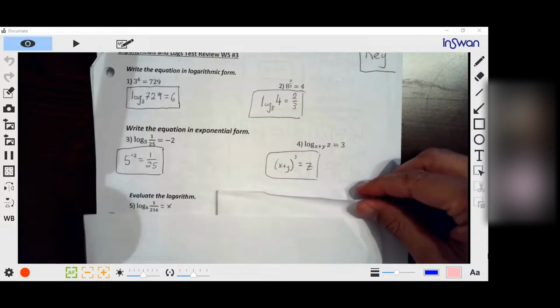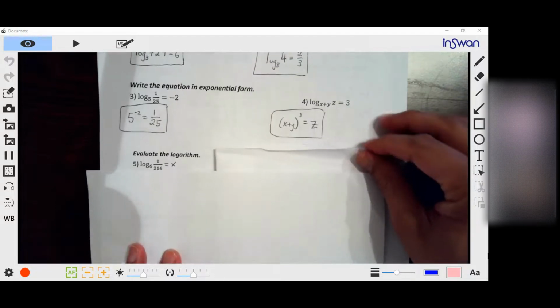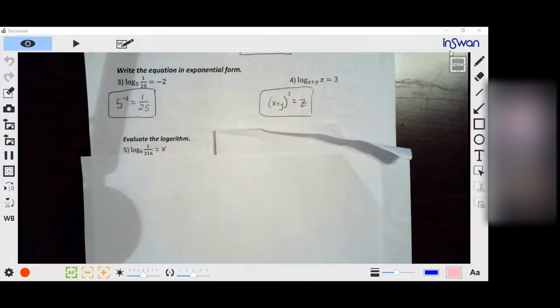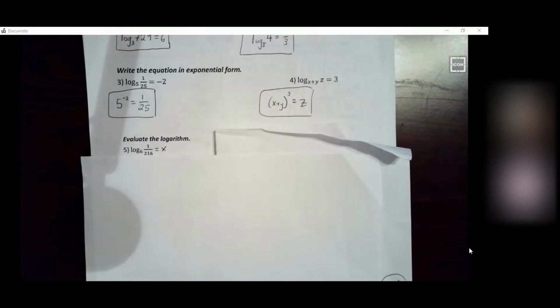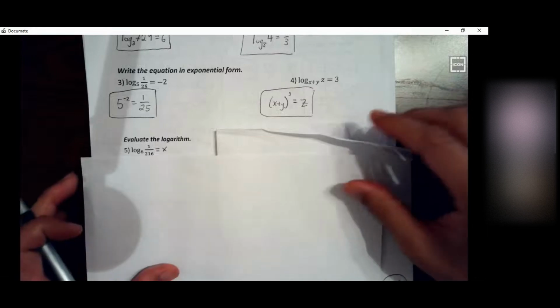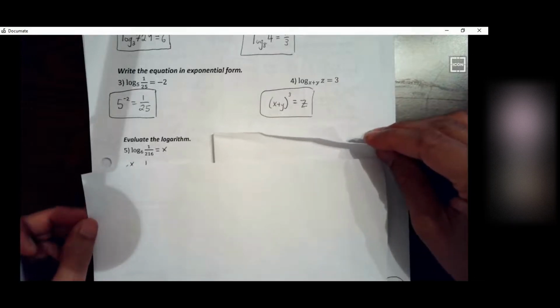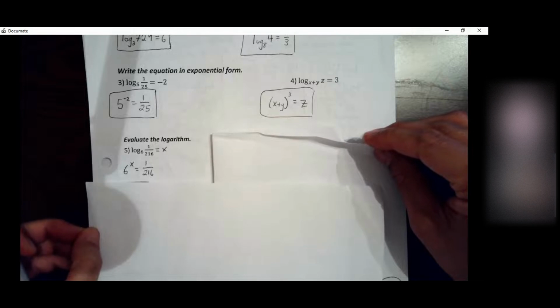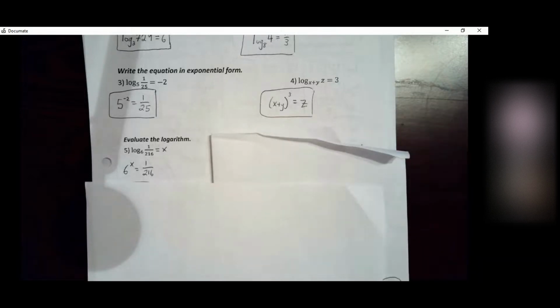This is where I set it equal to x, right? That's right. So 6 to the x equals 1/216. Now we want to solve for x. Maybe there's a common base that we can find.